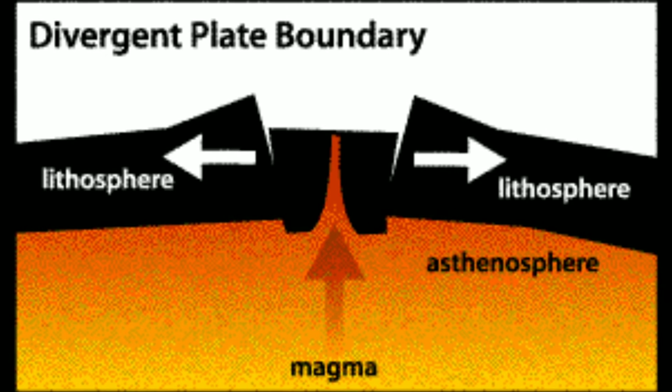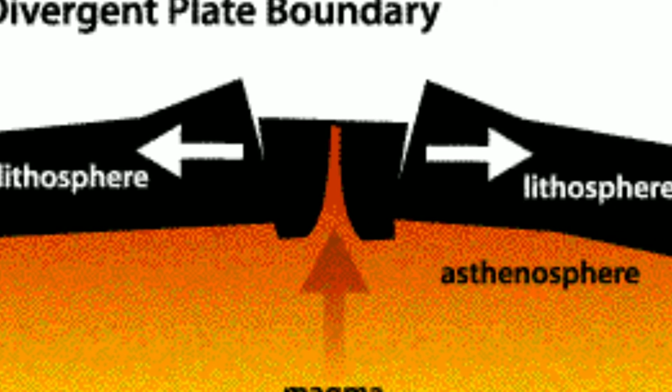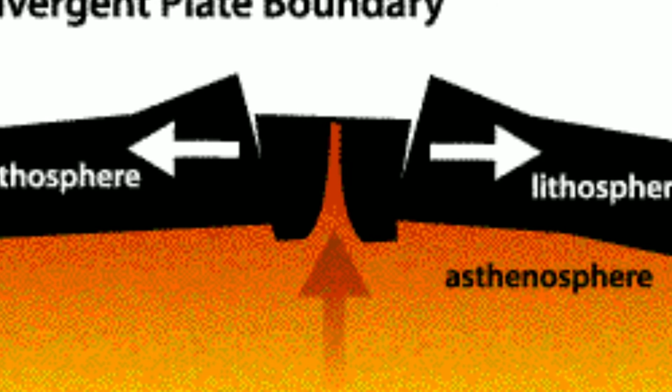A frequent misconception is that the ridge is a buildup of volcanic materials. However, the magma that fills the fissure does not flood extensively over the ocean floor and stack up to form a topographic high. Instead, it fills the fissure and solidifies.